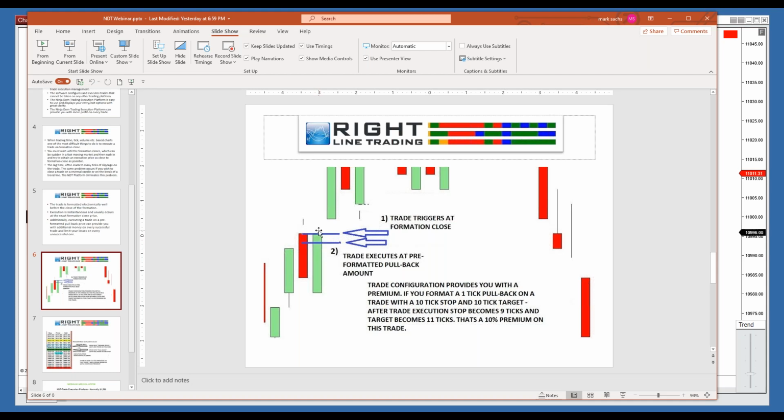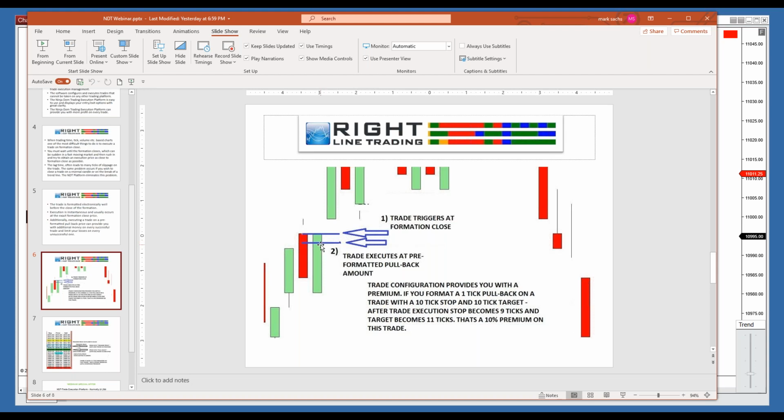It's got to close one tick above. That breaks the weak support of the high of the candle. You want to do that. Once it does that, if it pulls back a tick, or in some cases two, if you really want to take a little more risk, it will actually get you into the trade on the pullback.